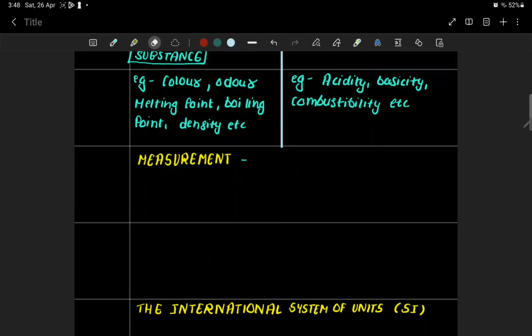So, when we talk about qualitative properties like color and quantitative properties like length or mass, we use certain measurements for them.